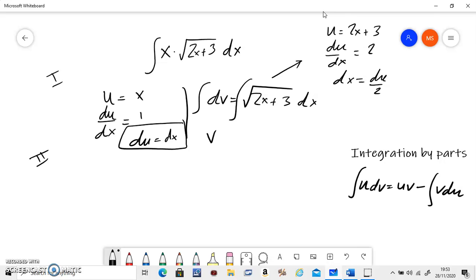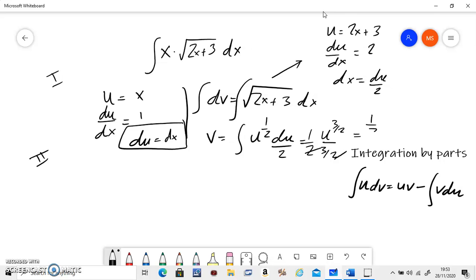So the problem becomes v equals integral of u to the half du over 2. Right, in place of 2x plus 3, you put u, square root means half, and in place of dx, you put du over 2. So if you use the power rule here, the answer becomes u to the 3 over 2 over 3 over 2. 2 and 2 cancel.